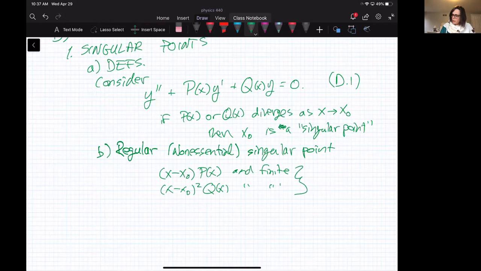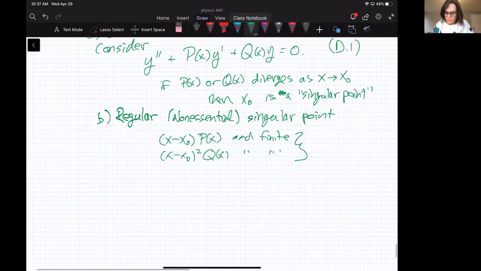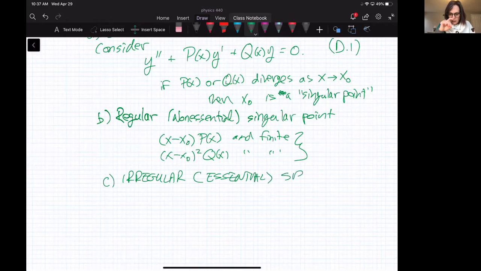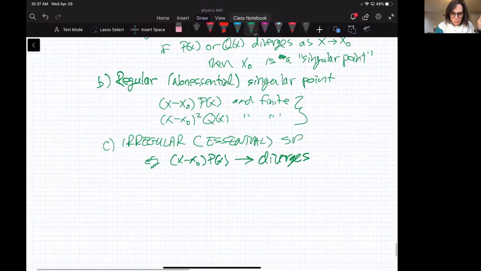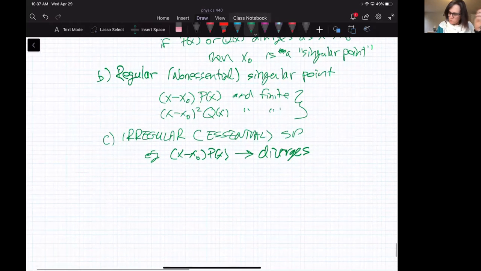That's what we would consider a non-essential or regular singular point, something that we can work with. An irregular or essential singular point is the opposite of that. So, e.g., x minus x naught times p of x still diverges. You can't get rid of it. Something like 1 over log of x, say, around x equals 0.